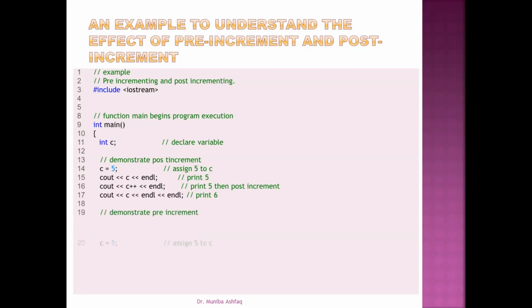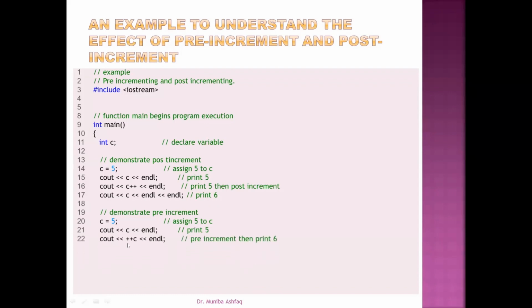Now come towards the pre-increment operator. As we have to change the effect, we again initialize, or reset, the value of C to 5. Now currently 5 is the value in C. When we display it, it will print 5.